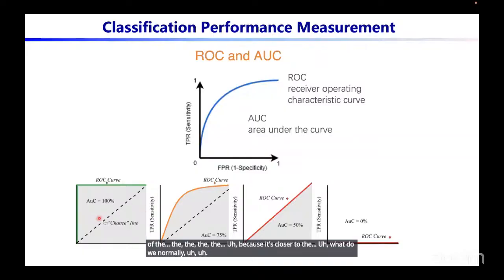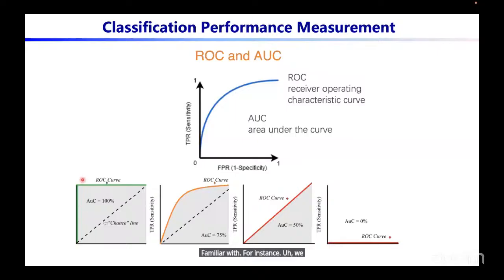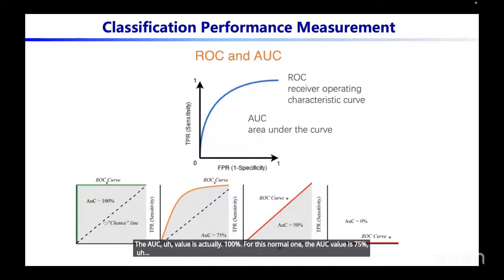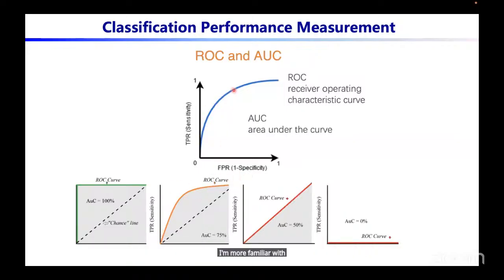For instance, we look at this ideal case, the green one. The AUC value is actually 100%. For this normal one, the AUC value is 75%. And for this straight line, the AUC value is 50%. These are the ones we are more familiar with, rather than the ROC, because ROC is a curve without an actual value, but AUC does have a value.